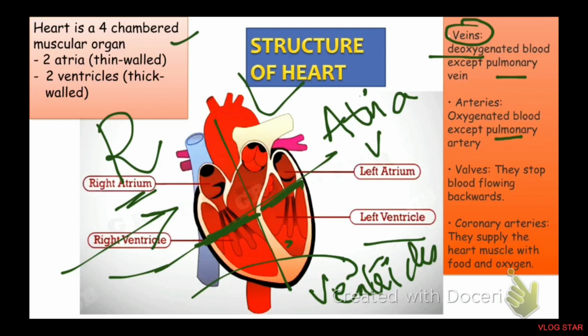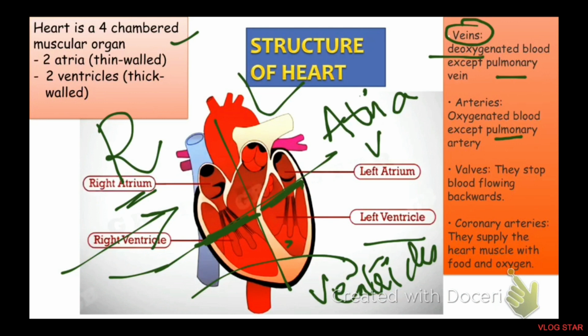Now there is something called the coronary arteries. It's very different from the circulation of the blood that we are going to see over here. This artery has the role of supplying the heart muscle with food and oxygen. See, the heart is also an organ. It also needs food and oxygen to work. So whenever you have heard of cardiac arrest, it is the coronary artery which gets blocked.